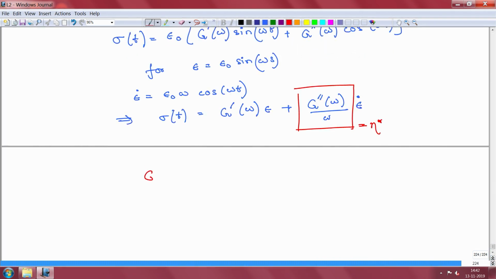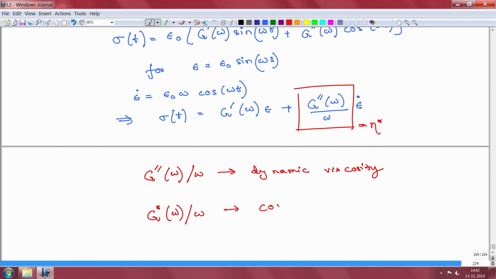This term is called the dynamic viscosity, and when you do not take it as G double dash but take the entire complex number, G dash or G star omega by omega, this term is called the complex viscosity. Okay. So, we use this as a motivation.